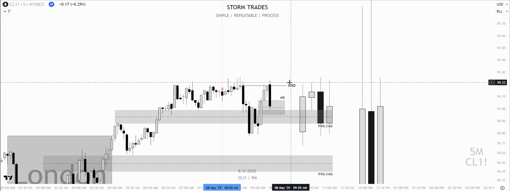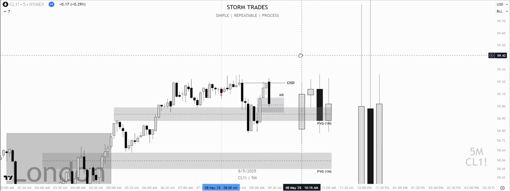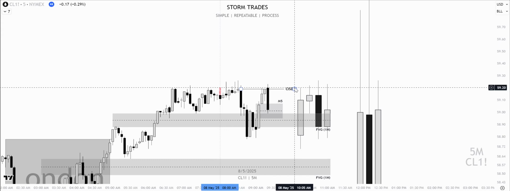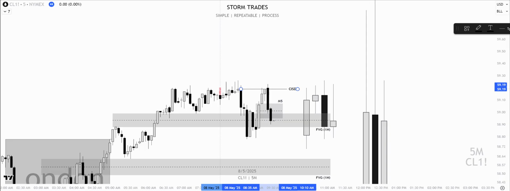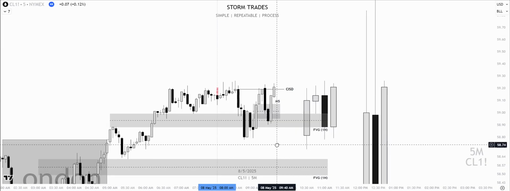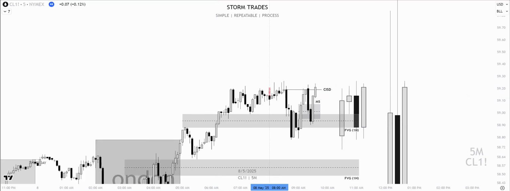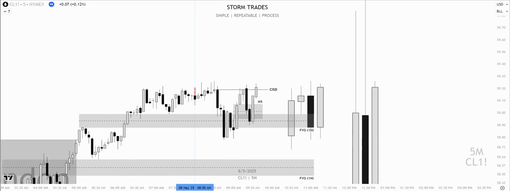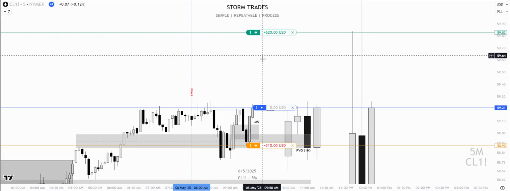At this point, I'm still waiting for price. I need price to come up and close above the change in the state of delivery in order for me to be interested in any trade here. All right. And on this very next candle close, I entered with a stop below this swing low and a take profit to 2R.